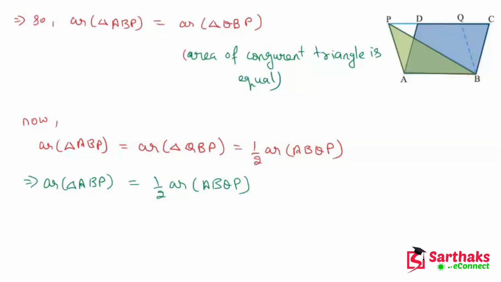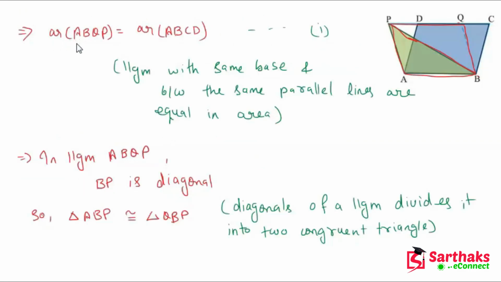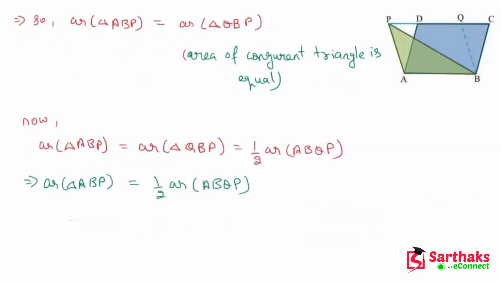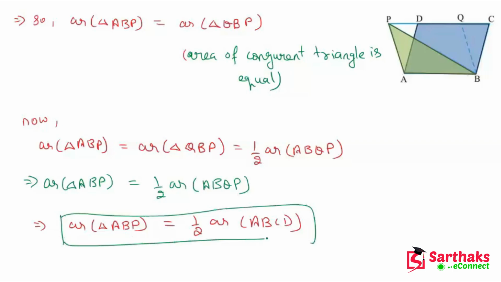So area of triangle ABP is equal to half of the area of parallelogram ABCD. So this is the required result. I hope you understand these things. These are the two methods to prove this theorem.